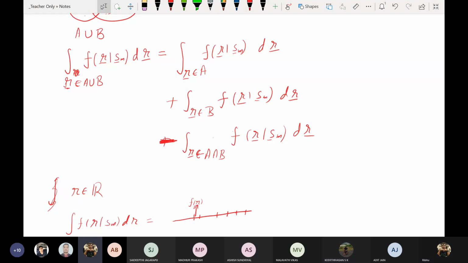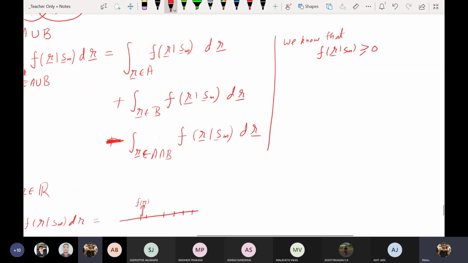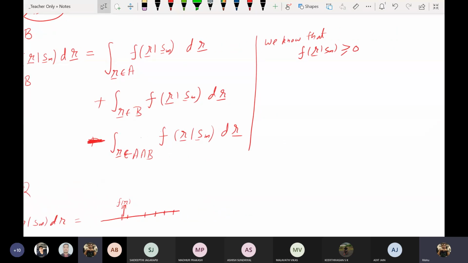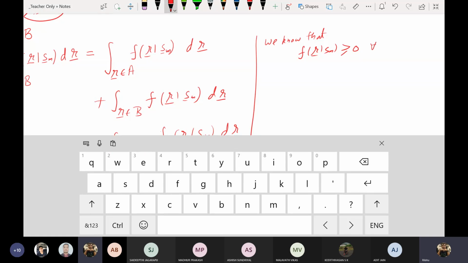Now we know that f of r given sm is greater than or equal to 0. This is from the properties of the PDF, that for all r.